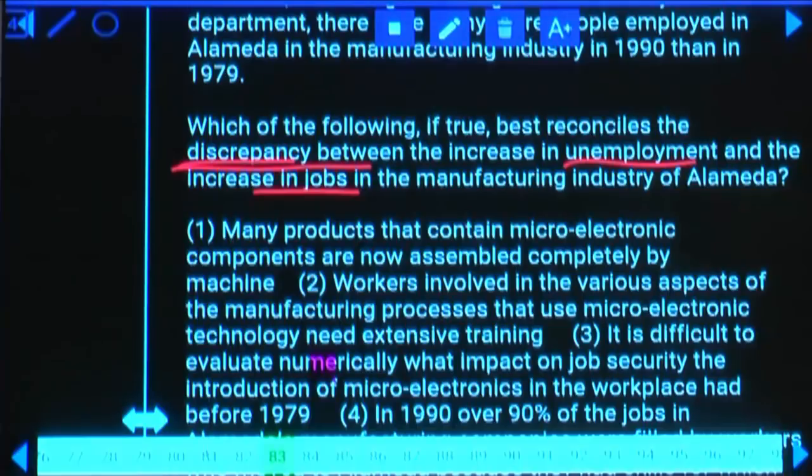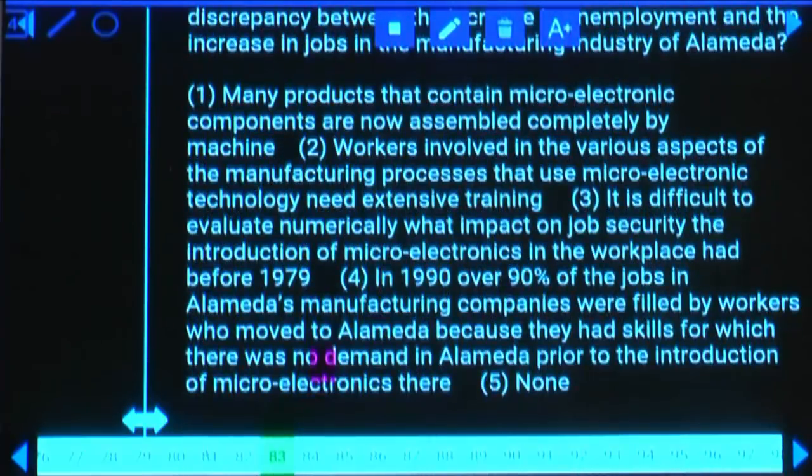Okay? Then tell me, what is your answer here? First one: many products that contain microelectronic components are now assembled completely by machine. Here he is talking about job losses, that means unemployment is more. Second: workers involved in the various aspects of the manufacturing process that use microelectronic technology need extensive training.